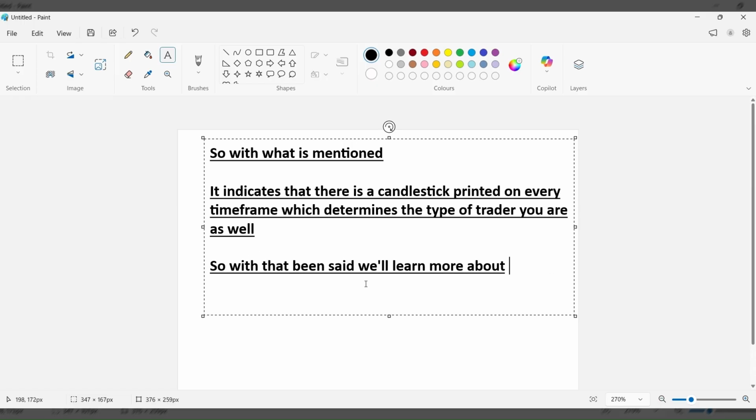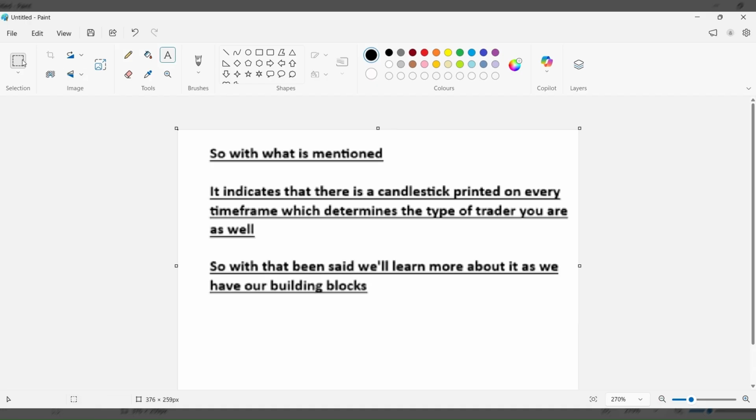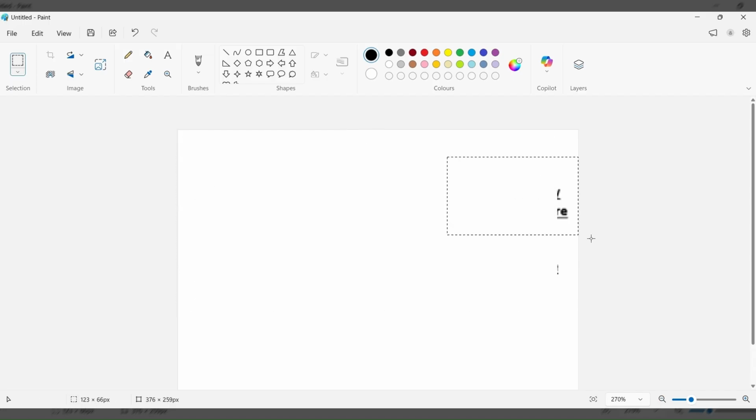For now, the only thing you need to know is that on every time frame you will have a candlestick that represents every second, every minute, every hour, every 5 minutes, or a daily candle, you see.